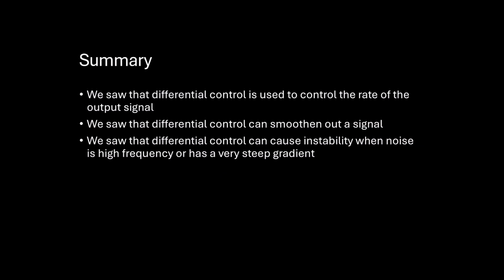Okay, to summarize, we saw that differential control is used to control the rate of the output signal. It does this by amplifying the rate of change of the error.